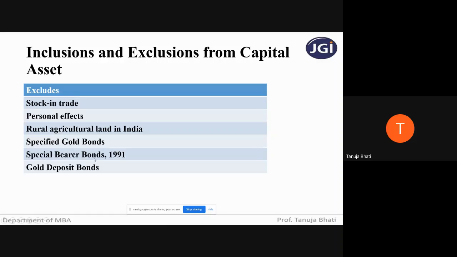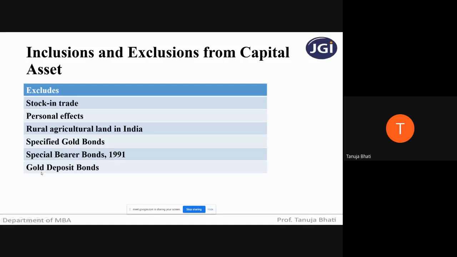Next, special bearer bonds 1991. If these special bearer bonds 1991 are issued by the central government, again it is not a capital asset because it is excluded from the definition of capital asset. And even if the special bearer bonds are being transferred, still you will not charge it under capital gains.